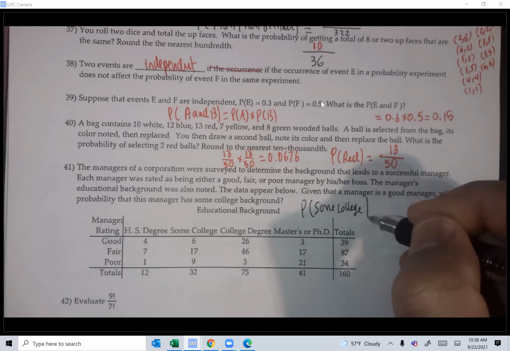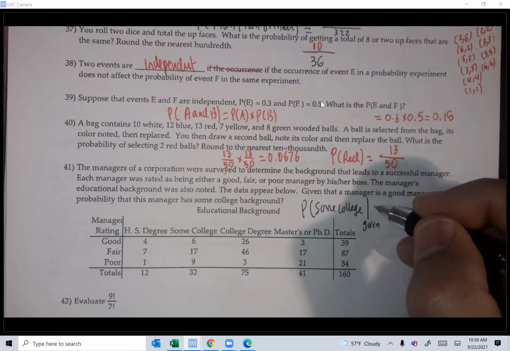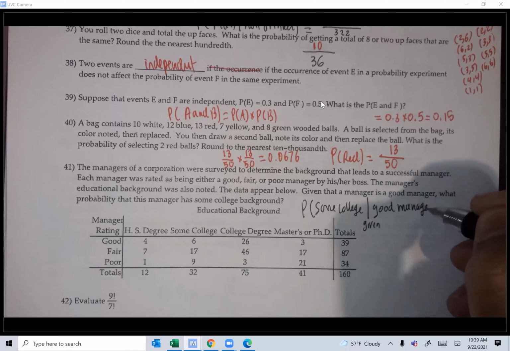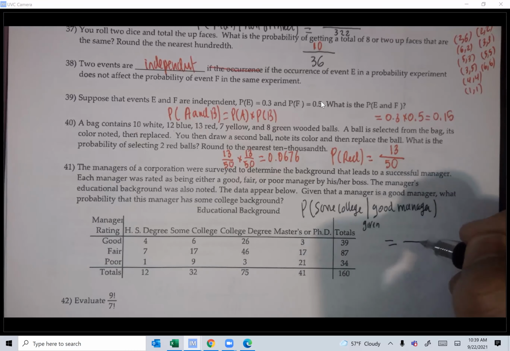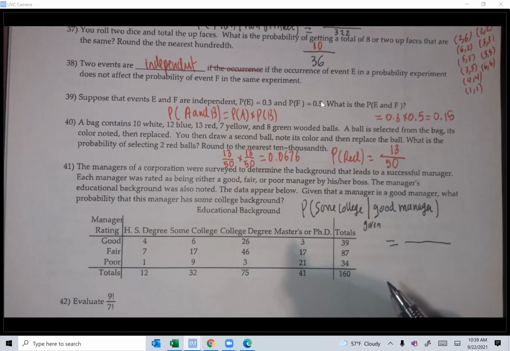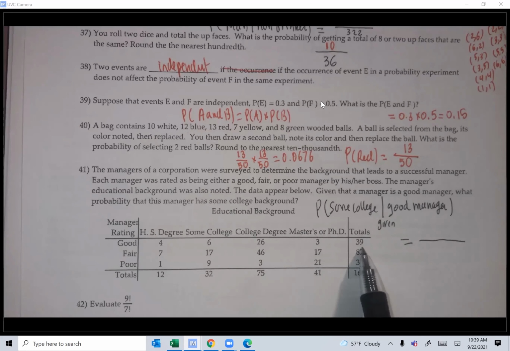given, this is for given, guys. I'm going to put the given next: good manager. Who would like to give us the answer? I started with given first, guys. So what comes after given, remember, should be your denominator. So given that the manager is a good manager, we have to have the total of good managers, which is 39.